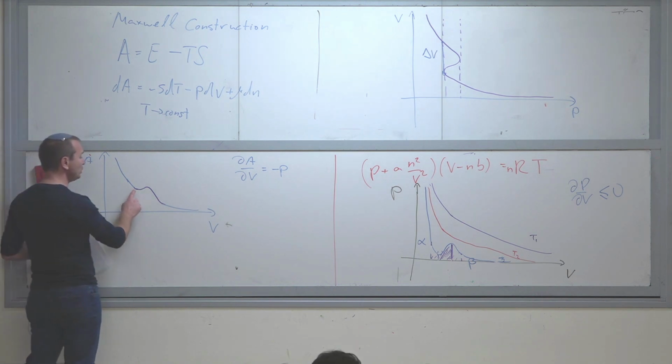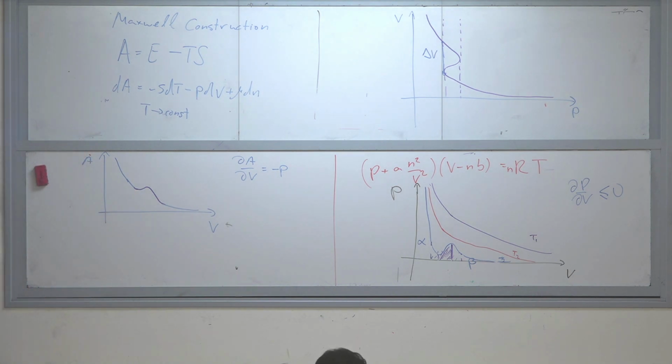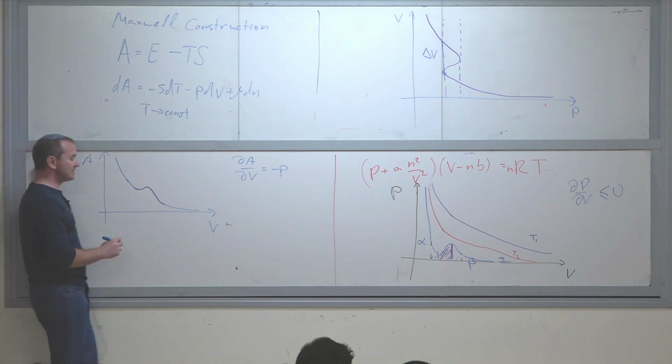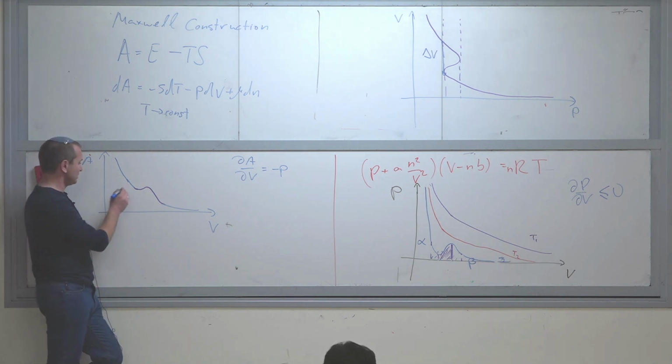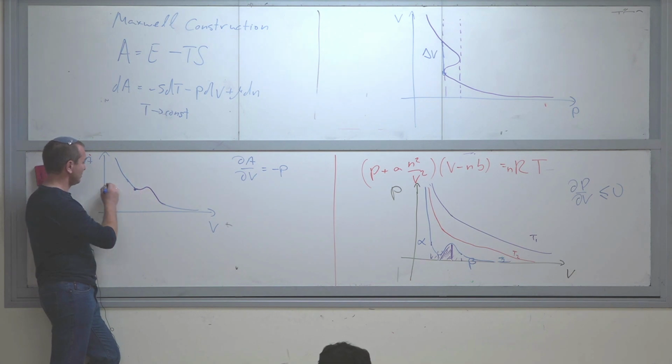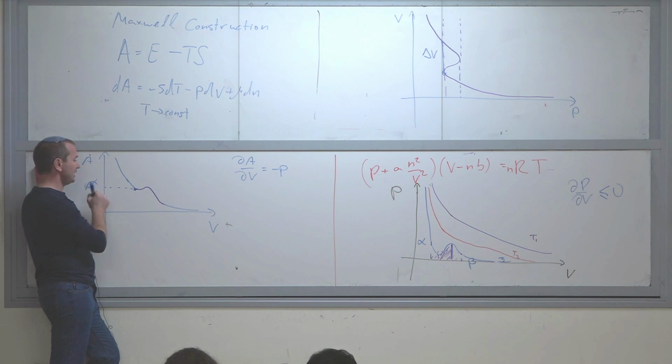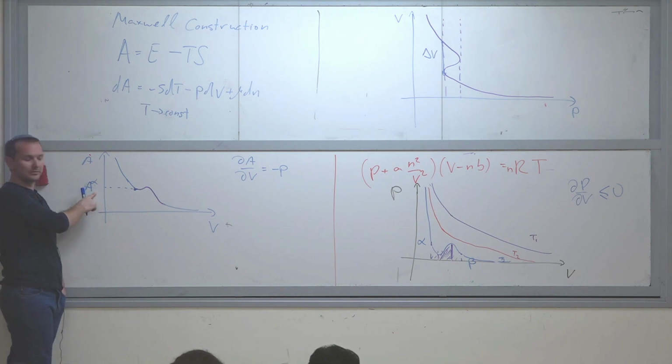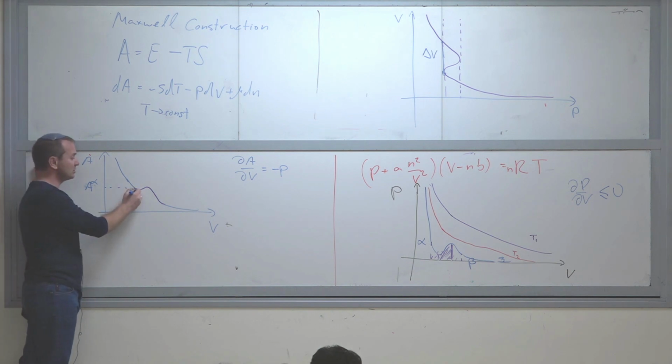Now, we want to find the specific V alpha and V beta where we are saying there is a phase transition. There is going to be A alpha, the value of the Helmholtz free energy with phase alpha where the phase transition occurs.